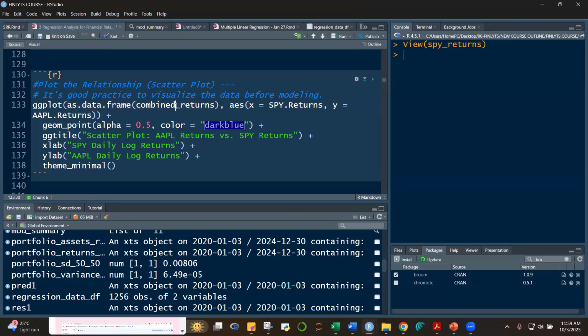However, combined returns class is an XTS object, and an XTS object will not work with ggplot. So we have to convert it into a data frame, as.data.frame. We're not really changing the combined returns data, which is an XTS object. We're only changing it here as far as this function is concerned.